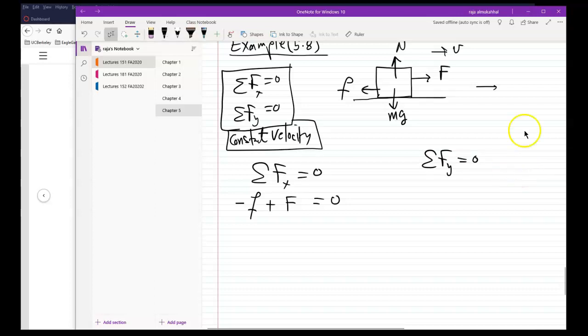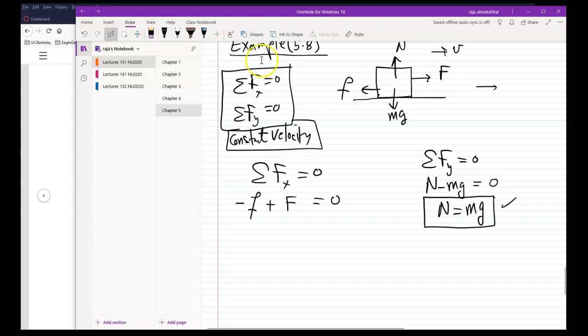As you can see here, I got the normal and I got the mg. So that's going to be N minus mg equals 0. In this case, the normal is equal to mg, which is something I already know, especially if it's not an inclined plane. Most of the time, the normal is equal to the weight. There we go. It's going to come in useful in a minute, but that's what I have.